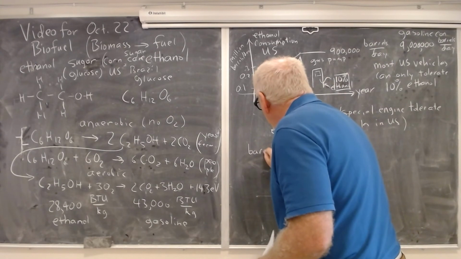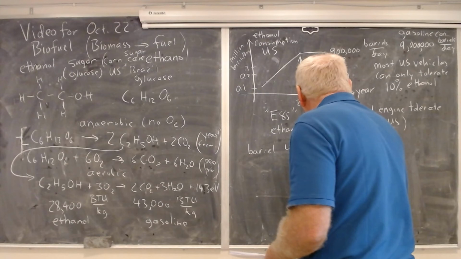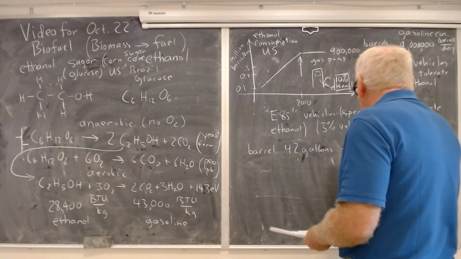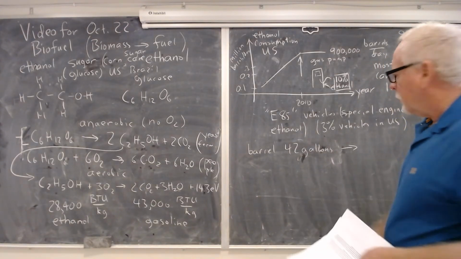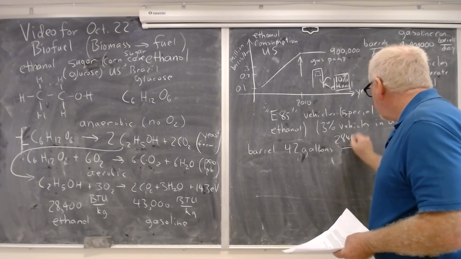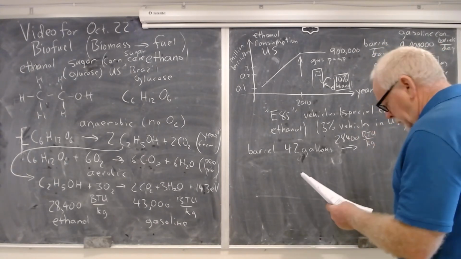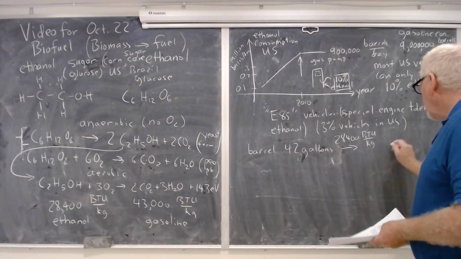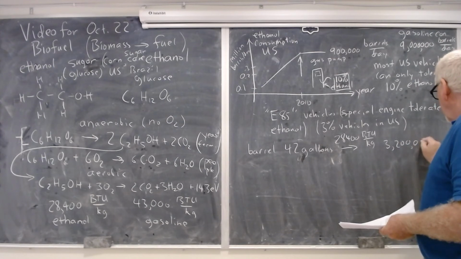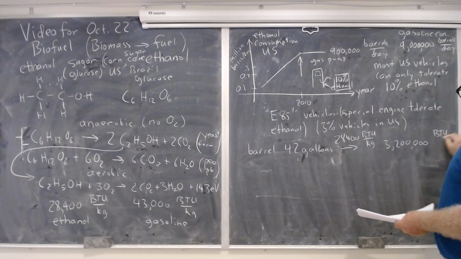A barrel is 42 gallons. And if you work out the density of ethanol from 28,400 BTU per kilogram, it works out to 3.2 million BTU per barrel.